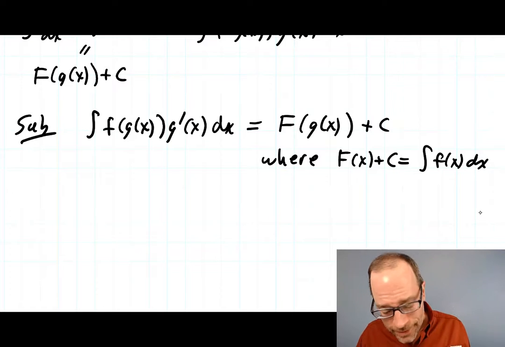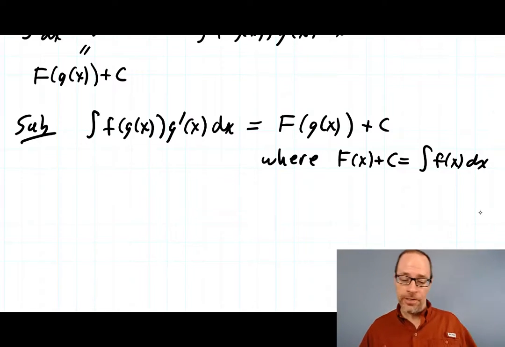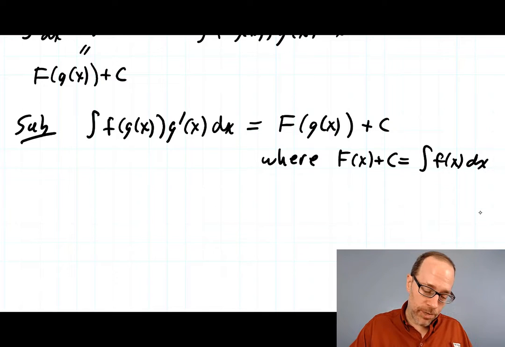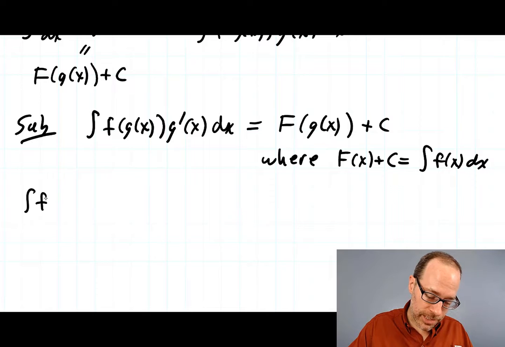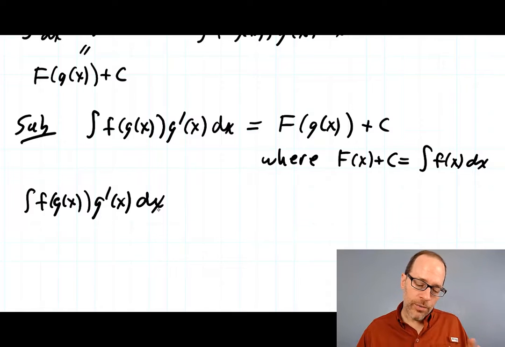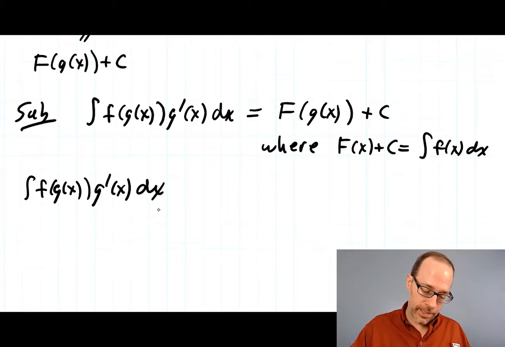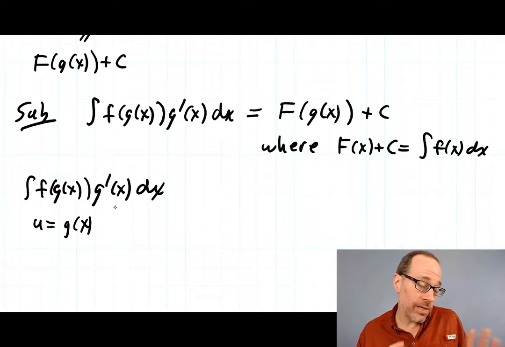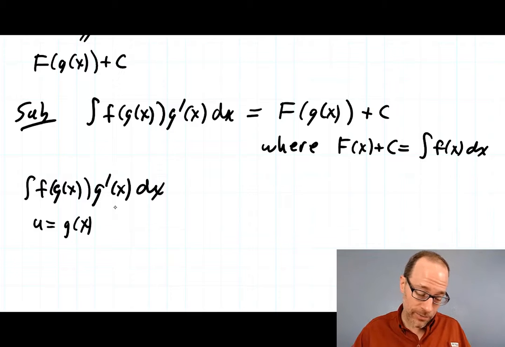It looks different than the way we wrote it, but to see why it's the same thing, we would have phrased the problem this way. We would have started with this side, and we would have said, oh, we should use that substitution method on it. And so we would have said, let u be g of x, because that looks like the inside part. And look, its derivative is staring us in the face, so that'll definitely work.